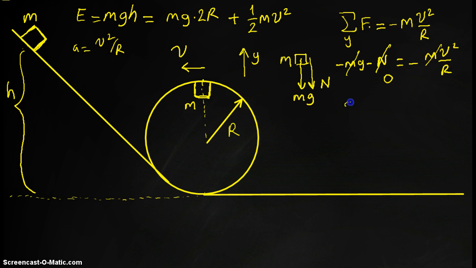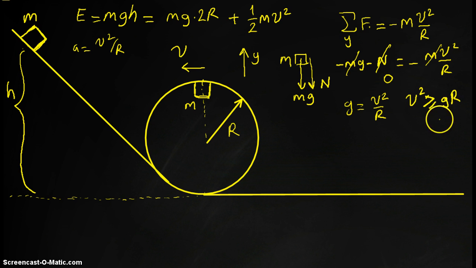So we have g equal to v squared over r, and the condition for the object so that it won't fall down as it moves from the top part of the circle is that v squared must be equal to, or to be exact, equal to or larger than g times r.